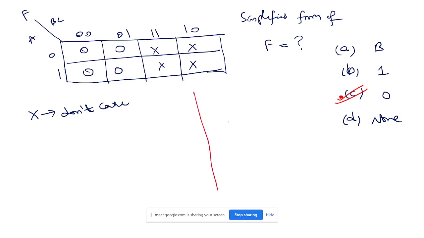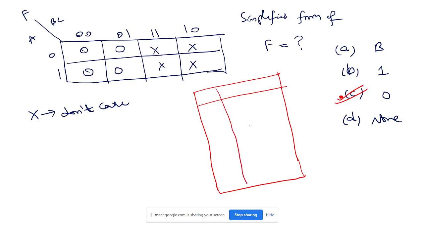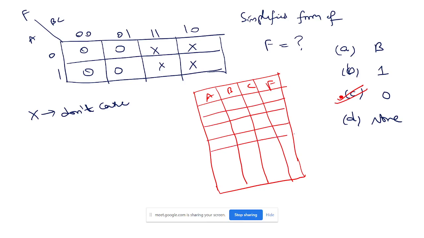If you draw the truth table for this function, three variables are there. A, B, C input variables. F is an output variable, right? How many combinations? 8 combinations possible.